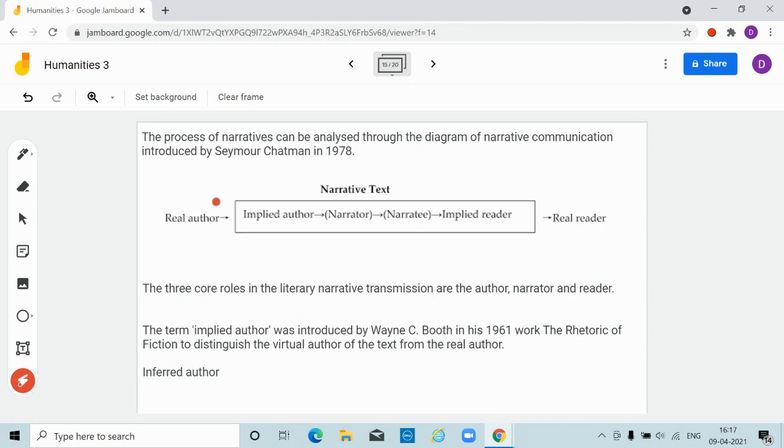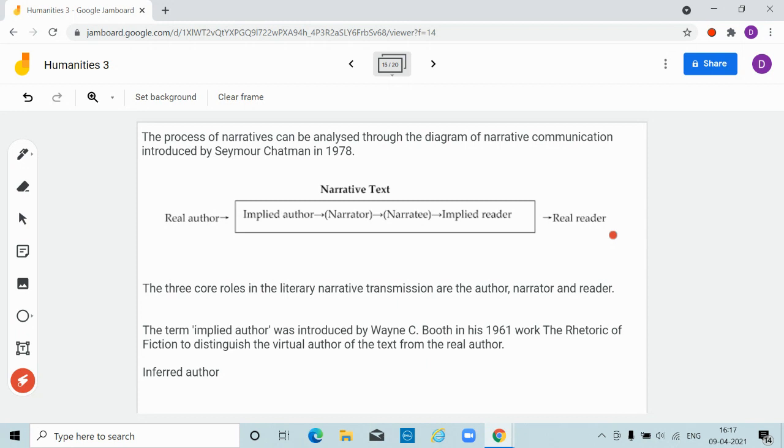It might reach those people who might not fall into the category of the intended readership, right? So the real flesh and blood person who does read the work is called the real reader.